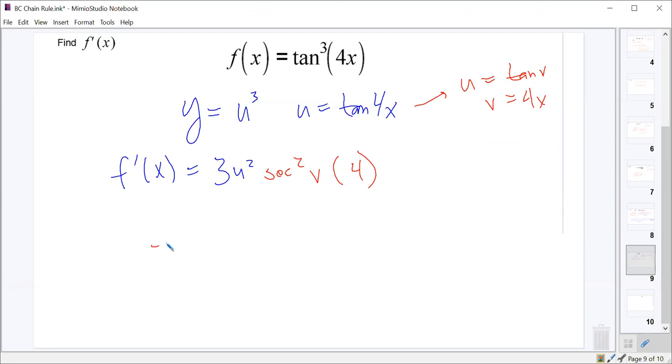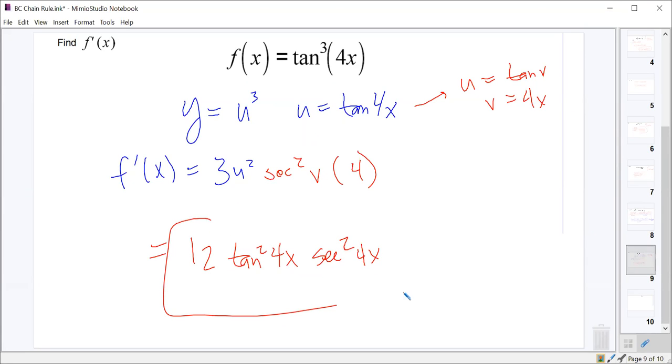So what do we end up with as our final derivative? 12 tangent squared 4x, secant squared 4x. So chain rule within the chain rule. Everybody okay with that?